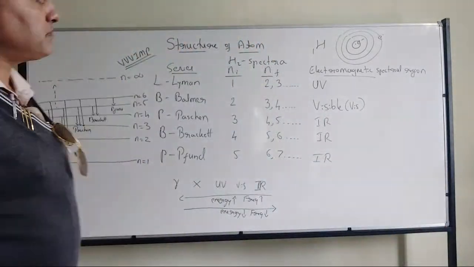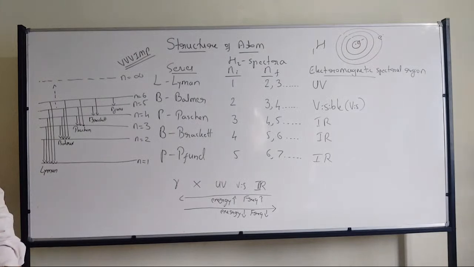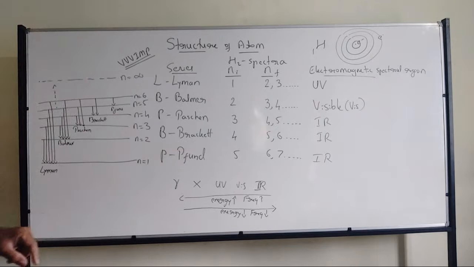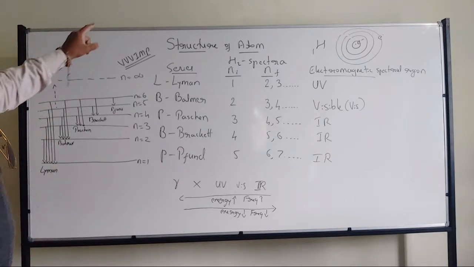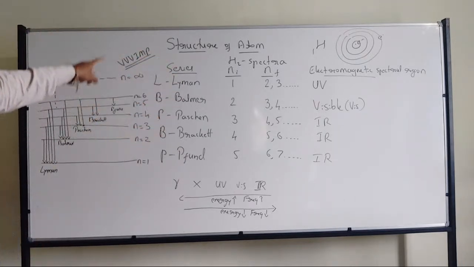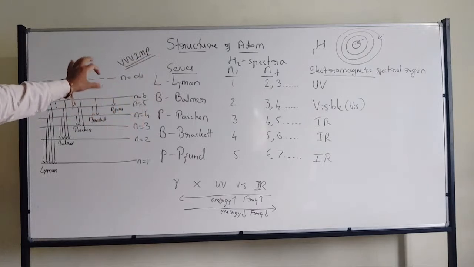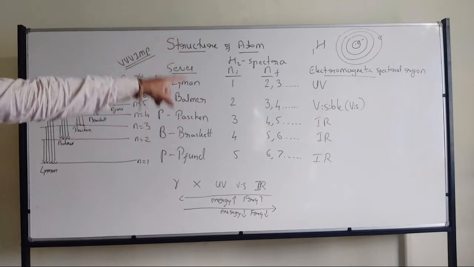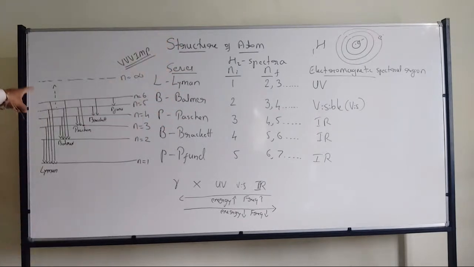Okay, hydrogen spectrum. First you should tell what you mean by hydrogen spectra. You should tell that it is a line spectra. Then you should tell about this particular table where we have Lyman, Balmer, Paschen, Brackett, Pfund series with respect to different spectral regions. Then you should explain with this diagram.